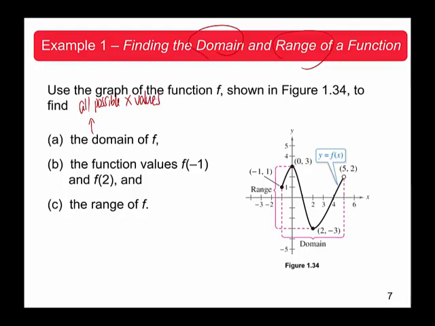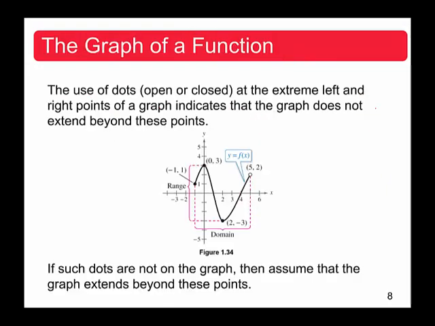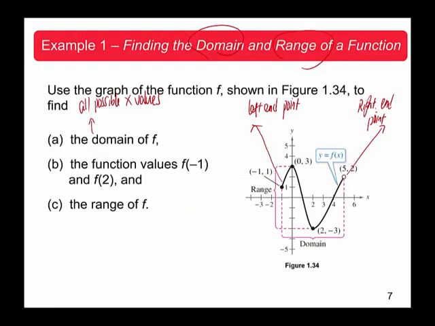There are endpoints here, so we get a left endpoint. This point is what we call the left endpoint. We also have a right endpoint. These two endpoints determine the boundary of the graph, and also give us a clear idea of the domain.